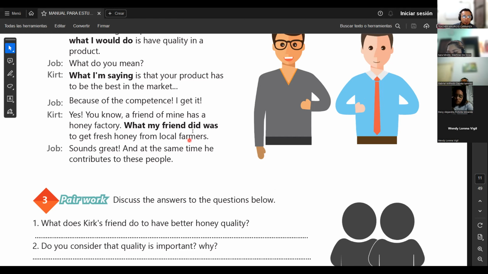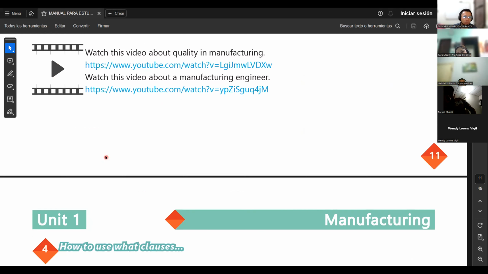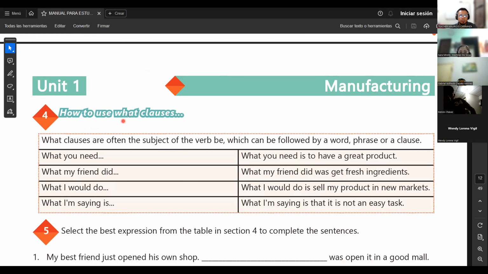Nope. Okay. So I just want you to pay attention to the following parts of the dialogue. For example, we have what you need, what I would do, what I'm saying, what my friend did was. You can notice that all these phrases start with what. This is a structure that is called what clauses.